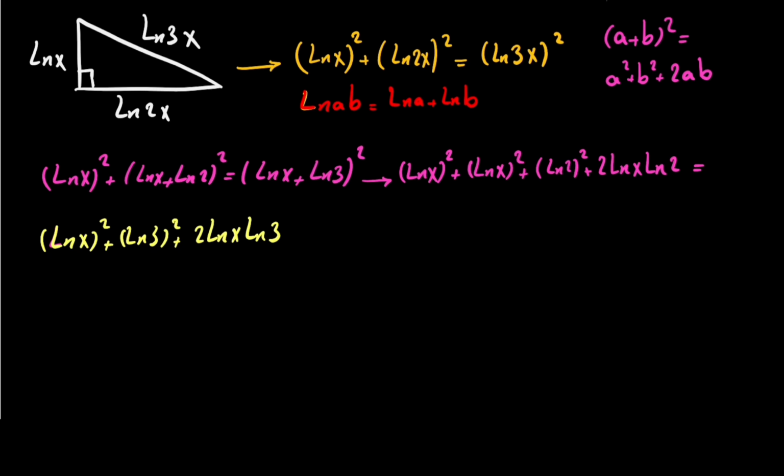Yeah, that's it. We can cancel (ln x)² on the left side and on the right side.